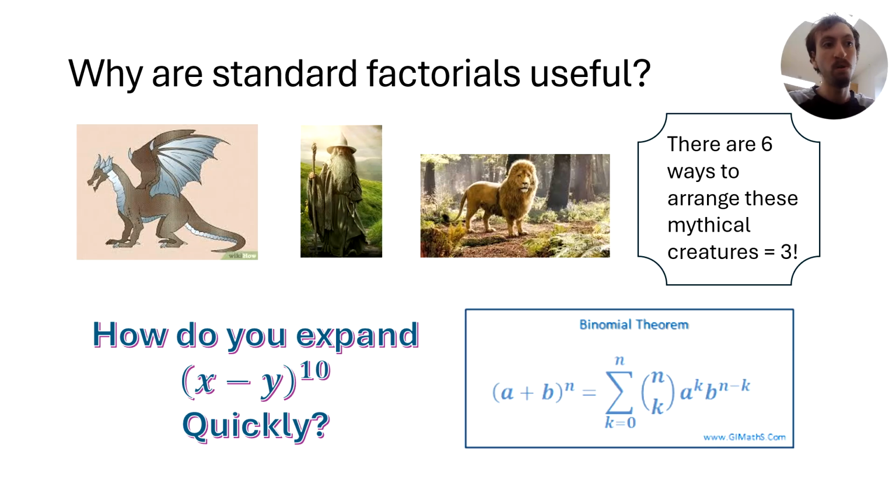Well, let's instead have x minus y all to the power 0. Now we know from how powers work that x minus y all to the power 0 should be 1.